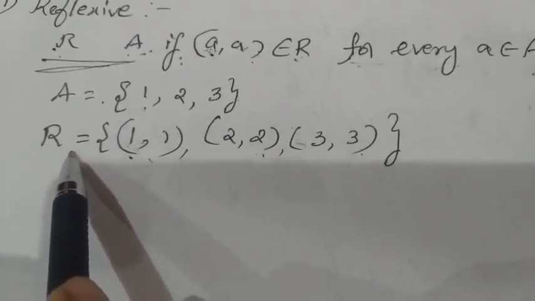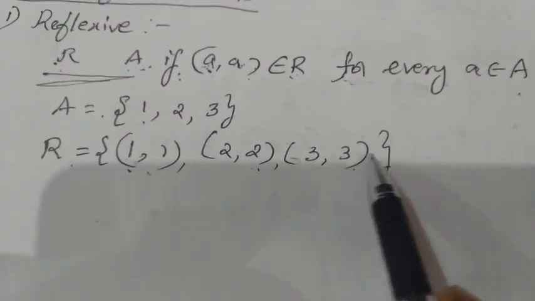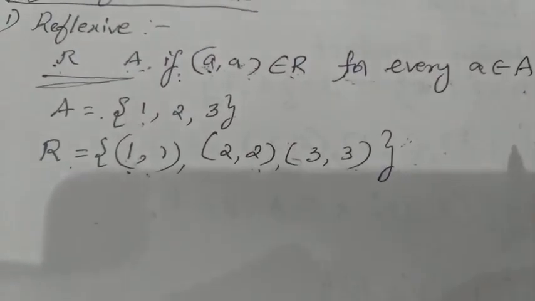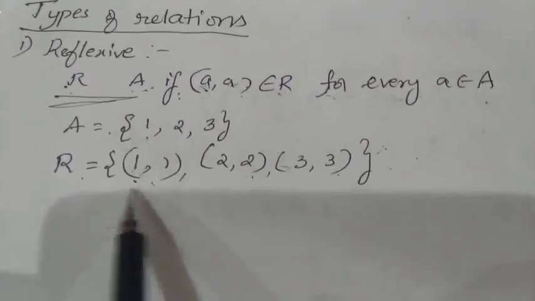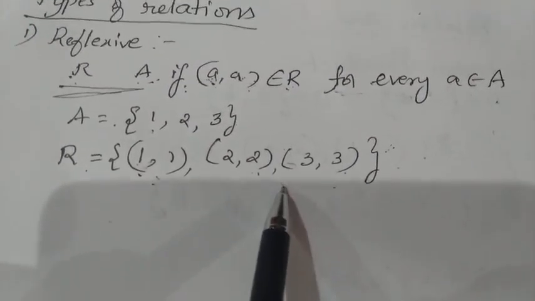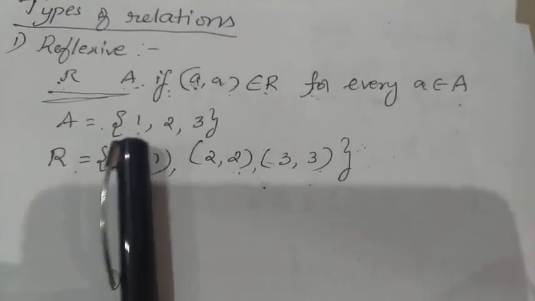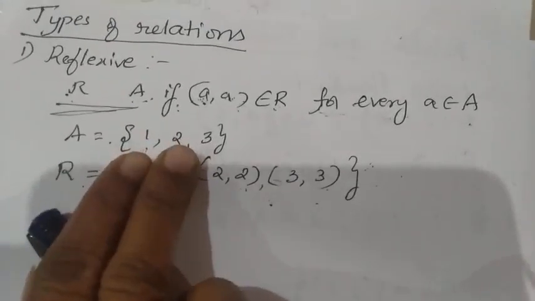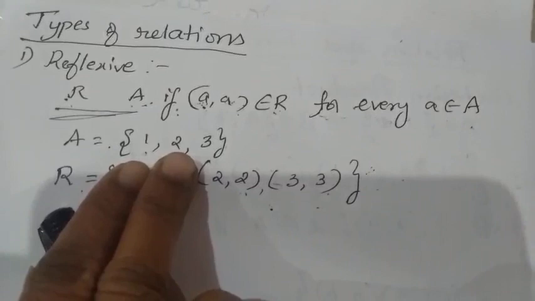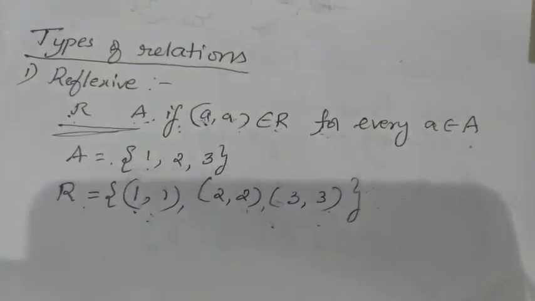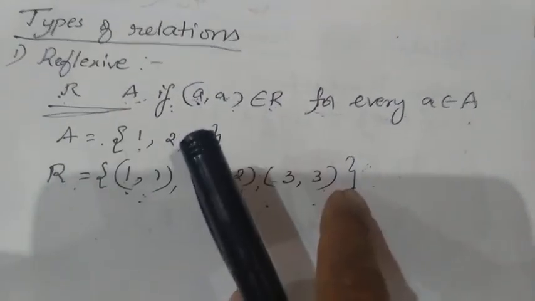Then only we call it reflexive. You can add any other ordered pairs, for example (1, 2), (2, 1), but these ordered pairs must be included. Suppose your relation is like this, (2, 2), (3, 3) only, then this is not reflexive, because this condition is not satisfied. Every a means you should add all the ordered pairs.